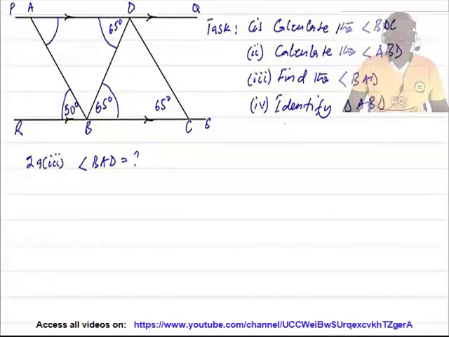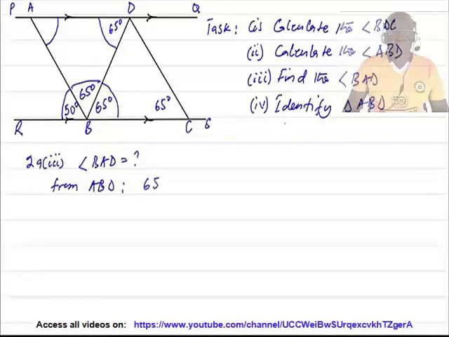In 2A sub-question II, we found the angle ABD to be 65 degrees. Therefore, from triangle ABD, the sum of angles in that triangle should add up to 180 degrees.